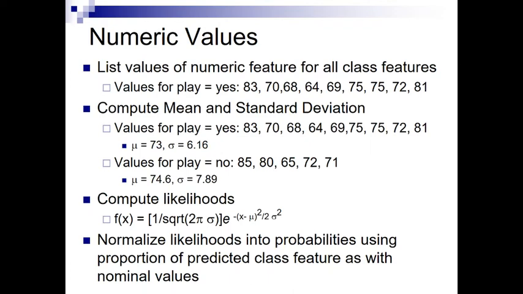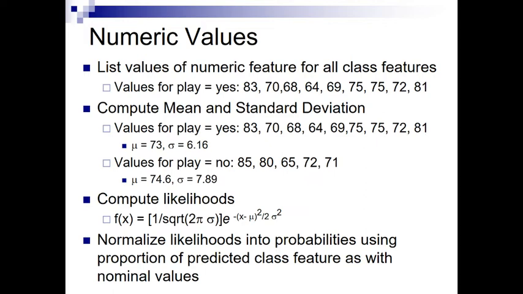So here's an example. If we have a feature value that takes on the values you see up here, 83, 70, 68, 64, 69, 75, 75, 72, 81, when play is yes, then we can compute the mean, which is 73, and the standard deviation, which is 6.16.